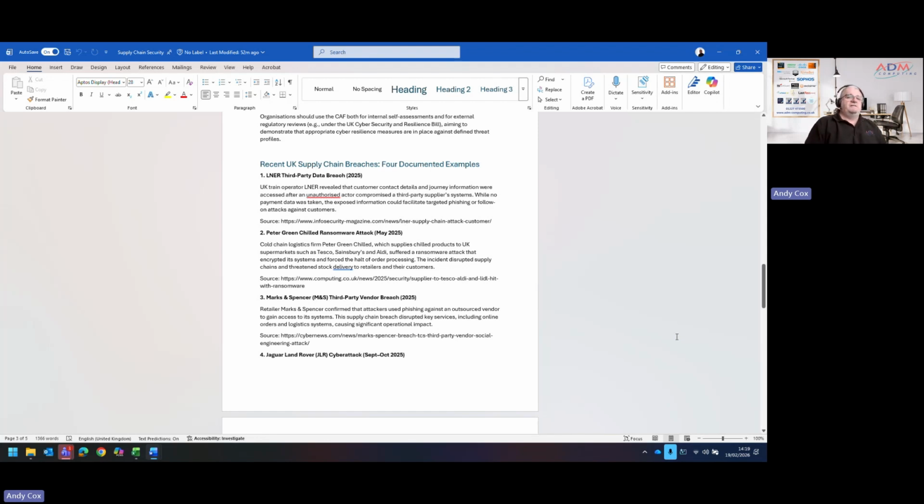The NCSC will then expect us to fix that pretty quickly. If we don't fix that vulnerability, whether it was down to negligence, error, or whether we hadn't been keeping something patched up to date, we could be liable to a fine of up to £100,000 a day from the NCSC.